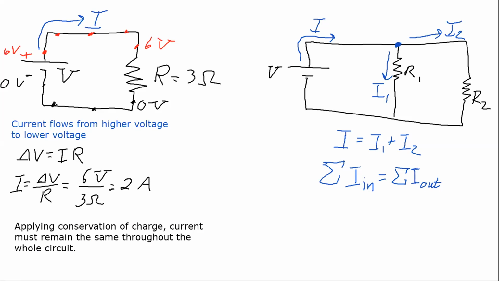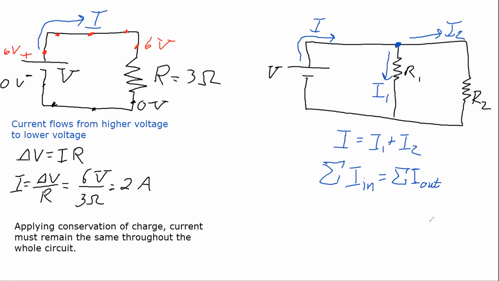All right. Does the second junction do anything to I? Let me go back. So this junction right here, you have I1 going in, I2 going in, and they combine together to give you I back. So we do get the current that we had before coming back this way.